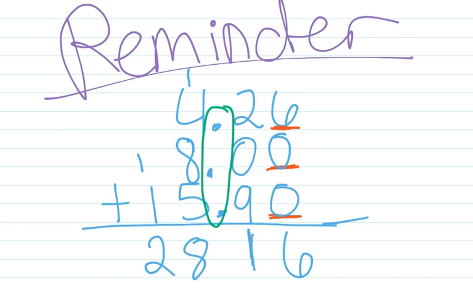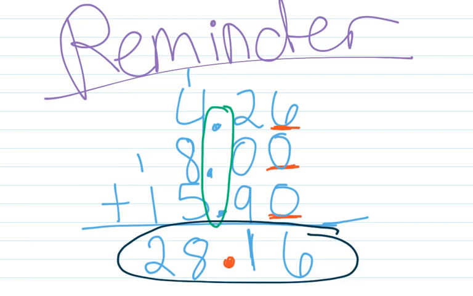Am I done? No. What am I missing? If you said the decimal point, you're exactly right. Okay. So my final answer is 28.16. Please make sure to write that problem down on your piece of paper.